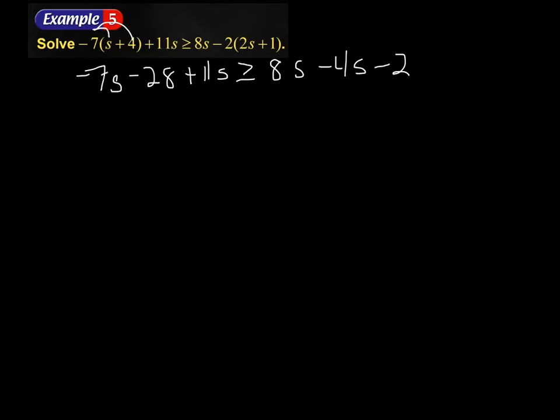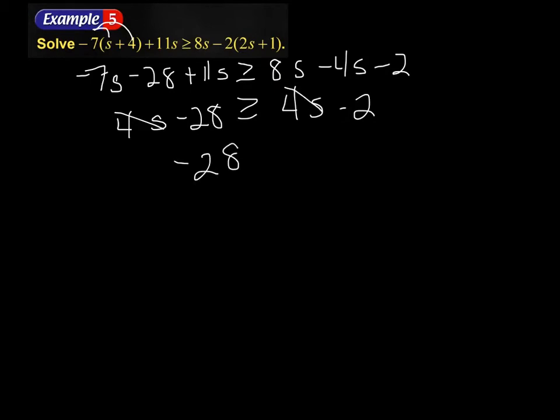So negative 7s plus 11s would be 4s minus 28 is greater than or equal to 8s minus 4s is 4s minus 2. Oh, when we subtract 4s from both sides, we end up with negative 28 is greater than or equal to negative 2, which is not the case, so that is a no solution.